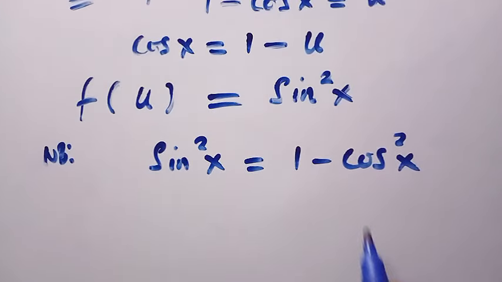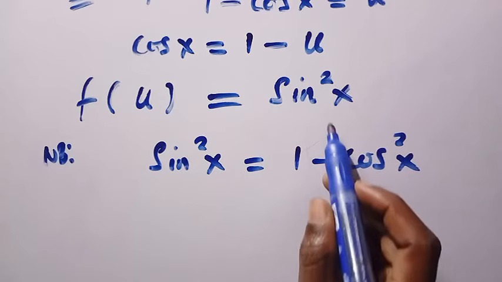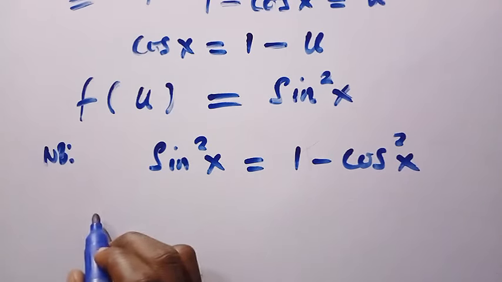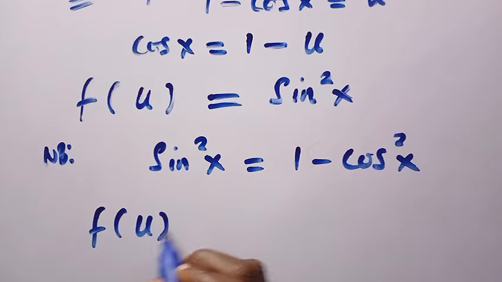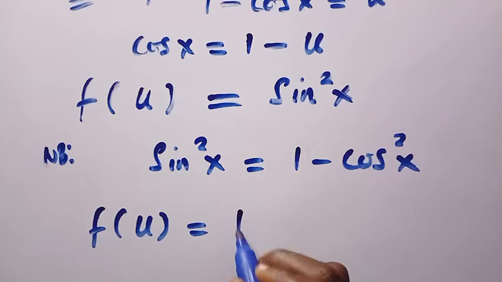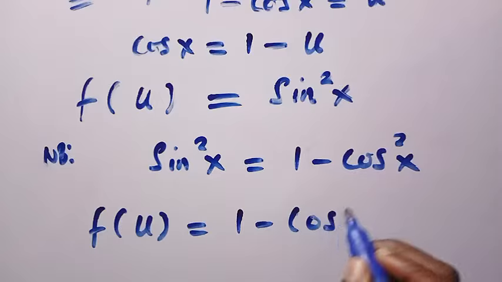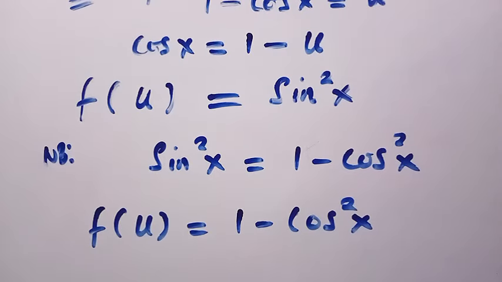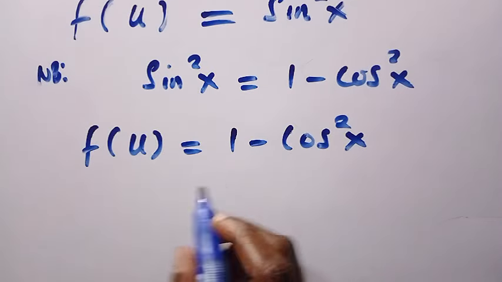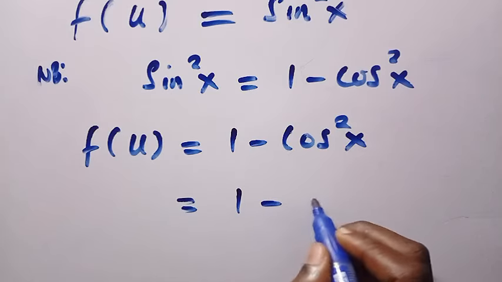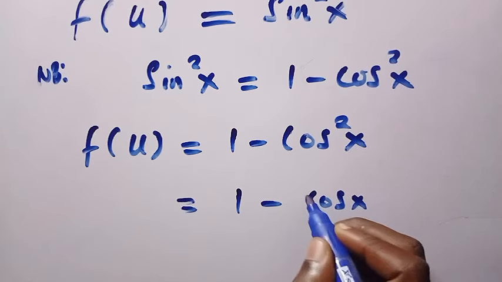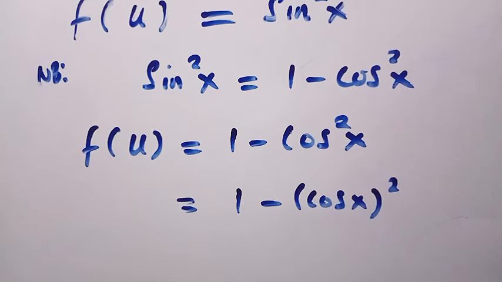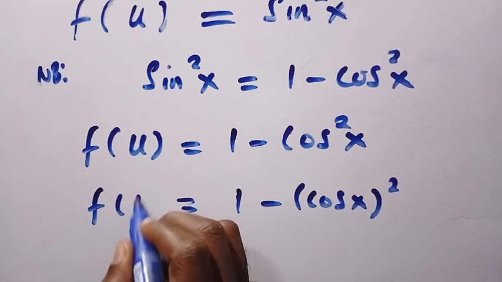and we are going to replace this at the point where we have f of u equals 1 minus cos squared x. Cos squared x we can also write as cos x all raised to the power of 2.